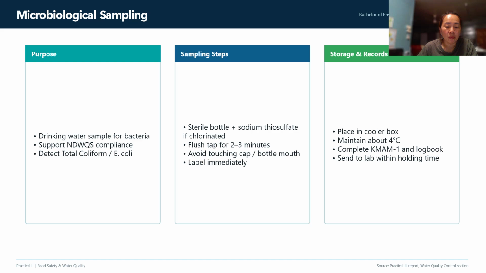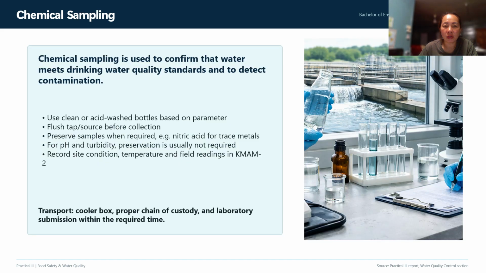Before collecting the sample, the tap should be flushed for about 2 to 3 minutes. We must avoid touching the bottle mouth and cap to prevent contamination. After the collection, the sample is labeled, placed in the cooler box at about 4 degrees Celsius, recorded in the Kemam A1 form and logbook, and sent to the laboratory within the required holding time.